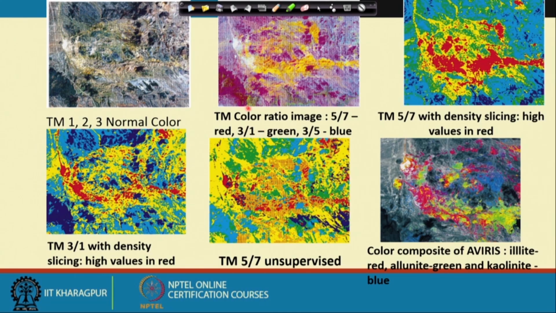We discussed taking a ratio of band 3 to band 1 to bring out the iron oxide species, or band 5 to band 7 to bring out the altered clay mineral species. There are also some methodologies, typically digital image analysis, where, for example, this is a 5 by 7 ratio image, and this is an image where a little more of an improvement technique has been used.